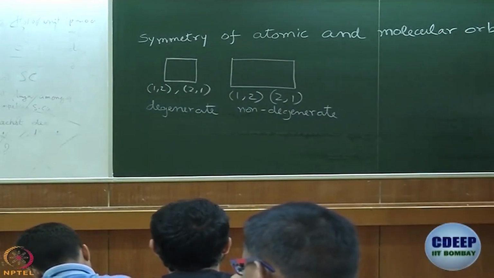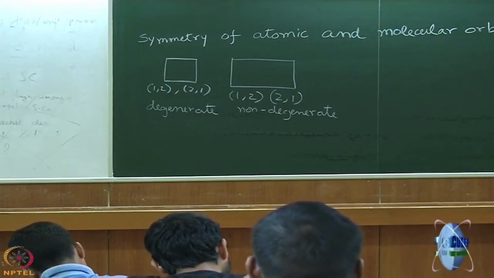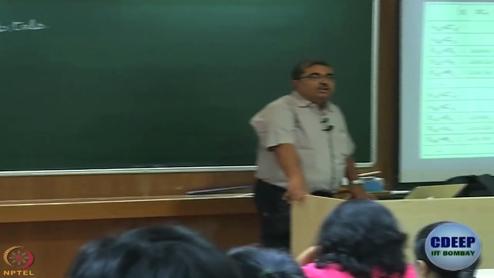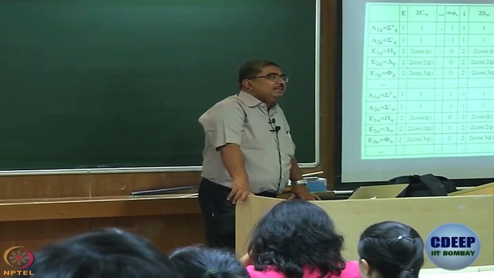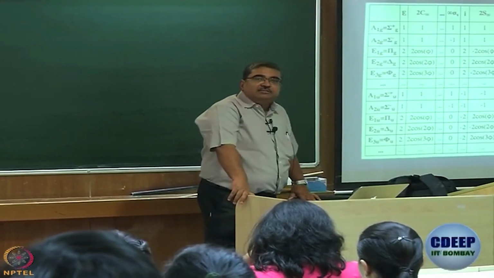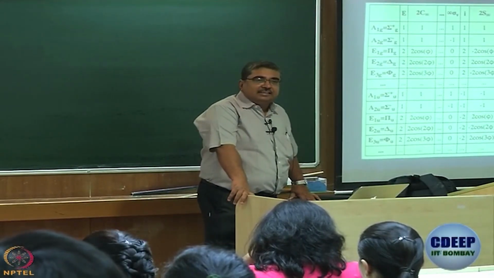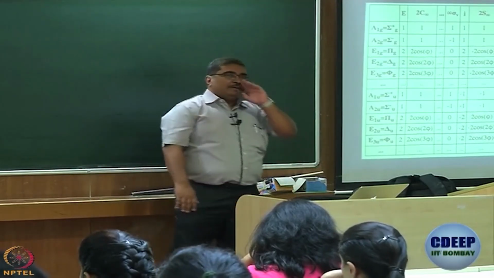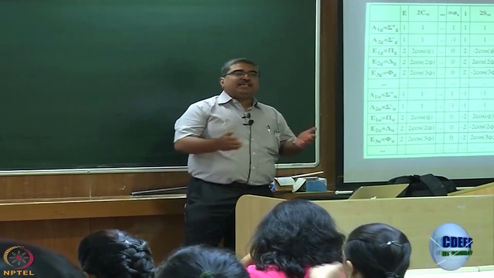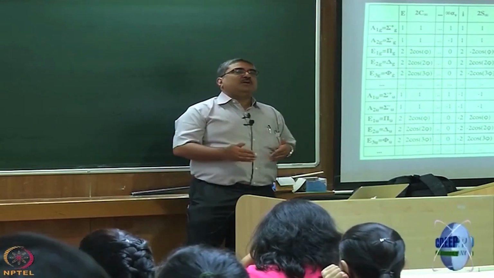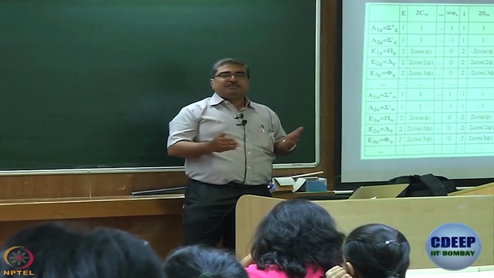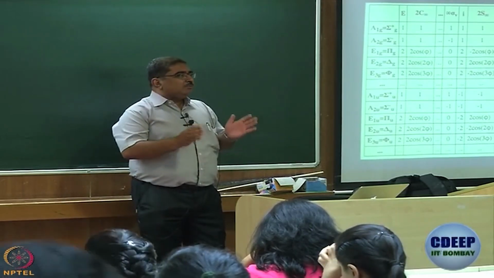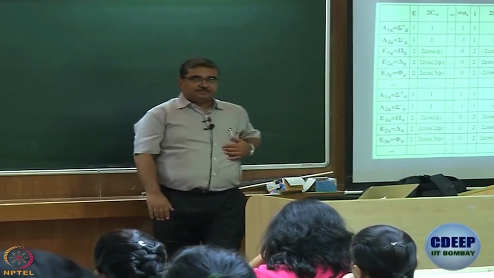So, we build upon that concept, and now that we know about character tables and irreducible representations, we can do a little more detailed discussion of this phenomenon that symmetry and degeneracy go hand in hand. So, the reason why we do this is that it helps us simplify the actual quantum mechanical problem if you think of symmetry. A lot of terms become 0 and all, so we can handle it a little easier.